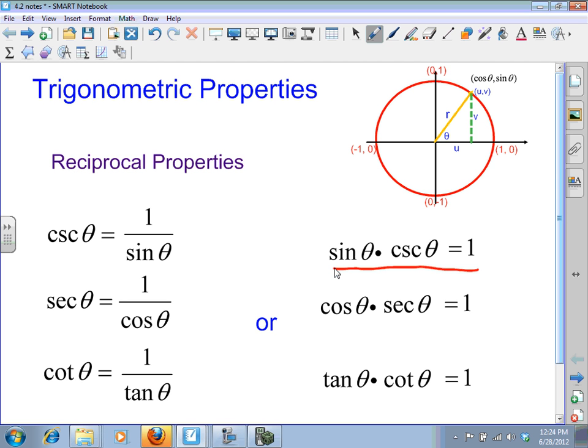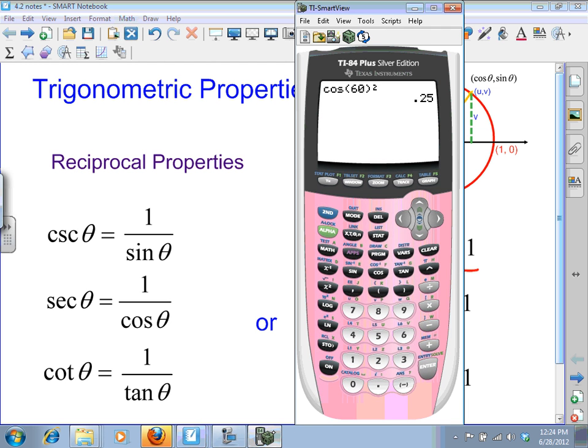In fact, on your calculator, if you wanted to find the secant of 60 degrees, you would do 1 divided by the cosine of 60 degrees. That's how you find it. And you all know that the cosine of 60 degrees is 1/2, right?